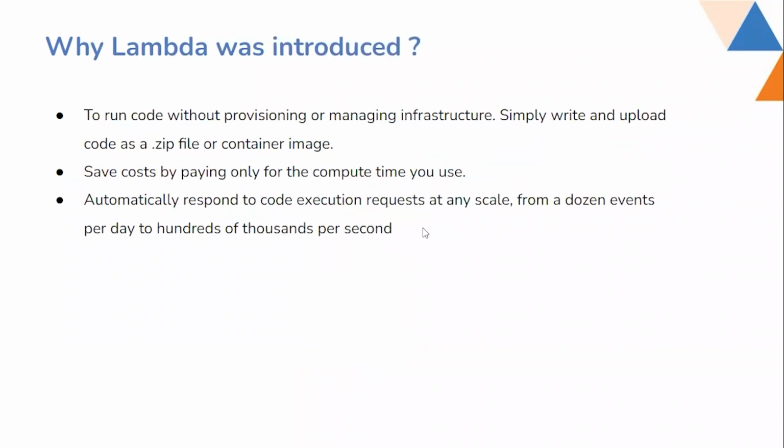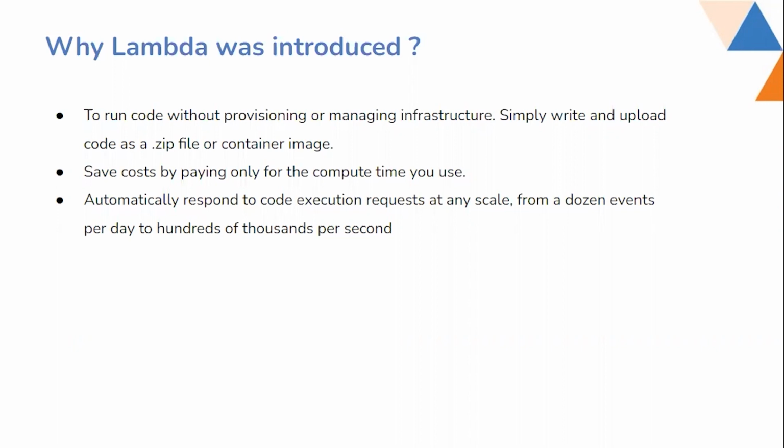While Lambda was introduced, initially when processing used to happen for software or websites, if there was larger traffic or a huge demand on that application, it was difficult for any company to manage and sustain the entire demand. Lambda scales dynamically based on the demand, and it shrinks too.